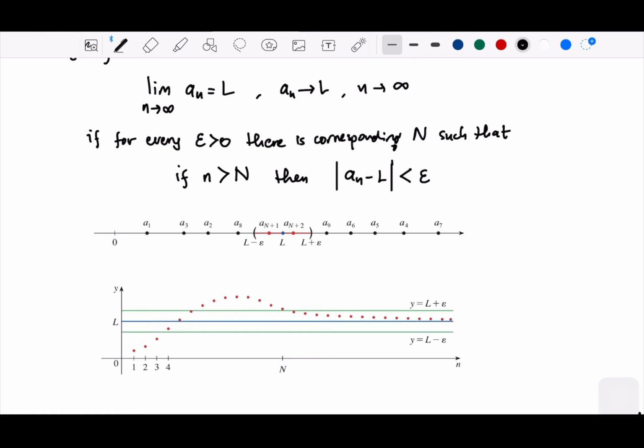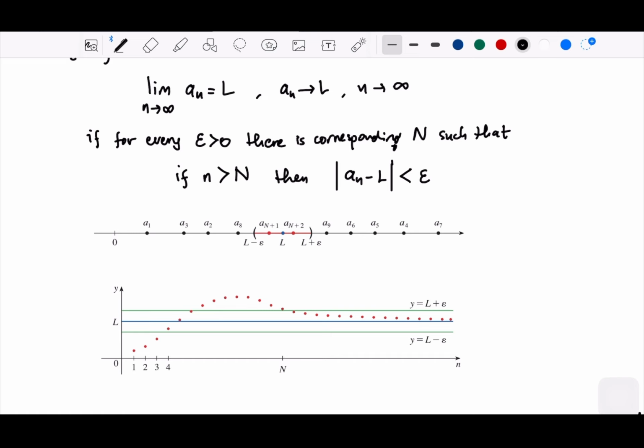Okay, and the second graph, you see, if we increase n, like usual, and let's say the L is our value that is consistent, the limit value.